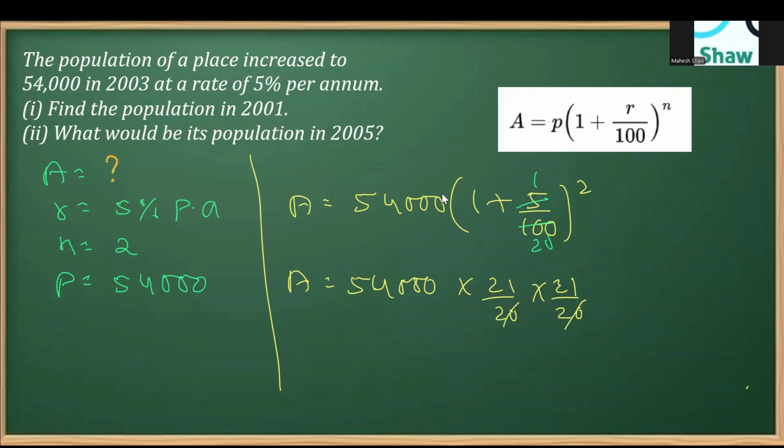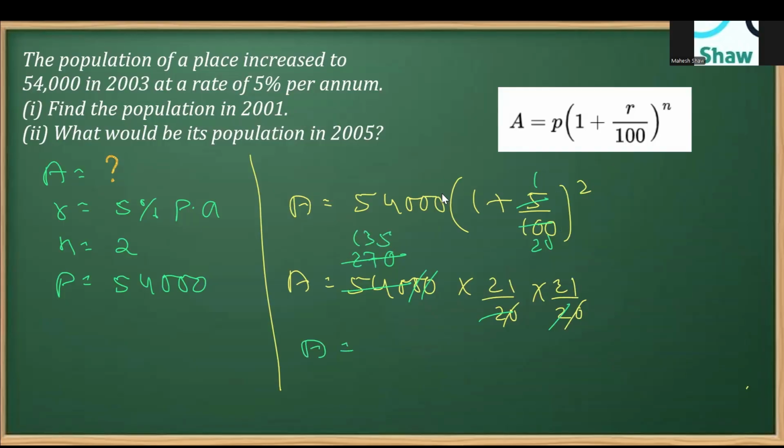So it's 21 over 20 multiplied by 21 over 20. These zeros get cancelled with these two zeros. And this is 2 1 times 2 20, 2 7 is 54, right? Followed by a 0. And this 270 is also divisible by 2, so we'll be dividing this by half, which gives 135.